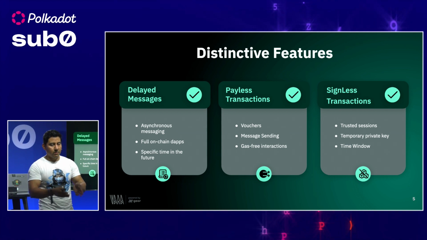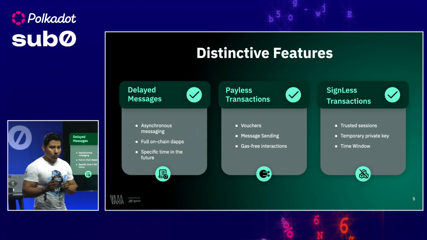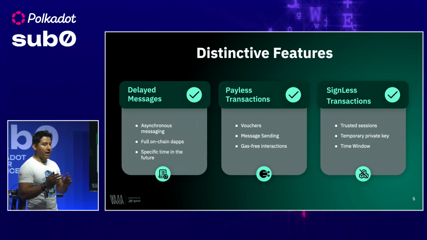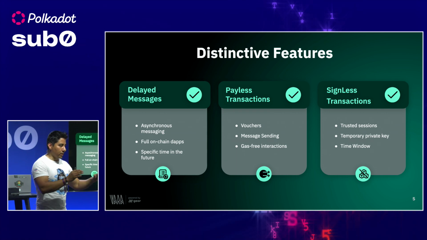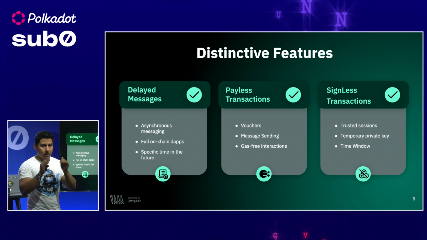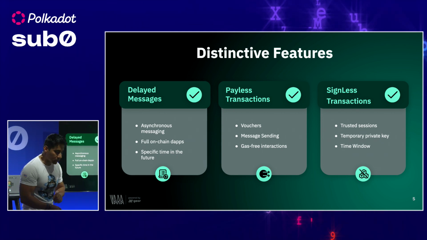It could be 5 minutes, 30 minutes, 1 hour. Also we have actions. We can interact with the smart contract, but if the smart contract has different kinds of implementation, we can say, I want only this kind of action to be performed with this session. That's because of safety.